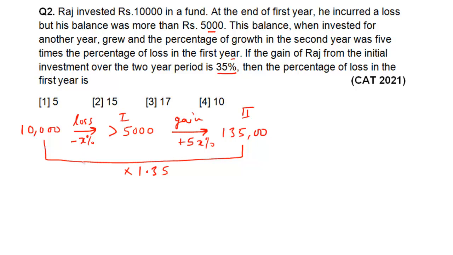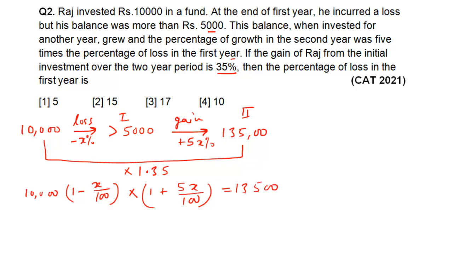So what we do here is write 10,000 and x percent loss, what is left is 1 minus x by 100, right? So this is the amount in the first year, and this amount is giving 5x% gain in the second year. So for that I will again multiply this with 1 plus 5x by 100. So this will be the amount after the second year, which is given as 13,500.